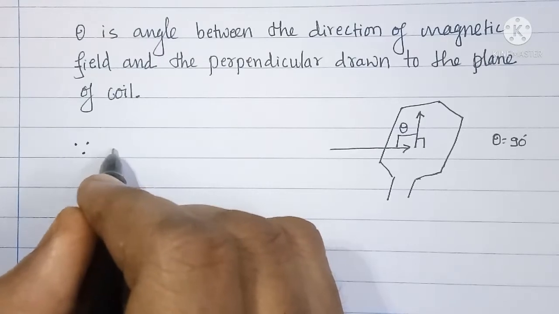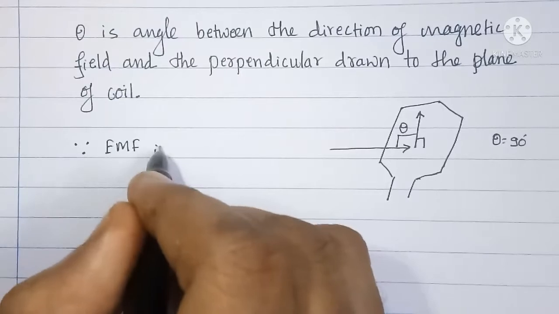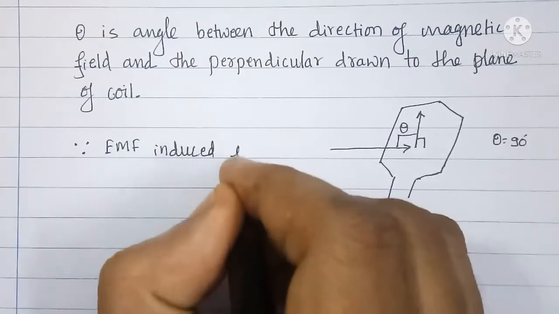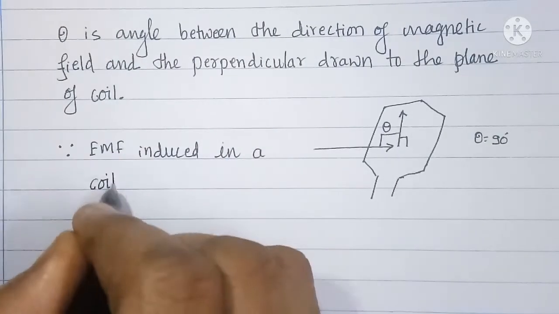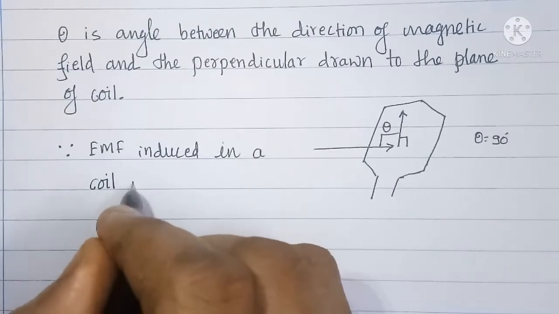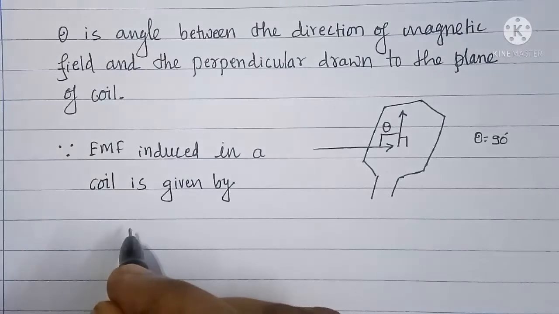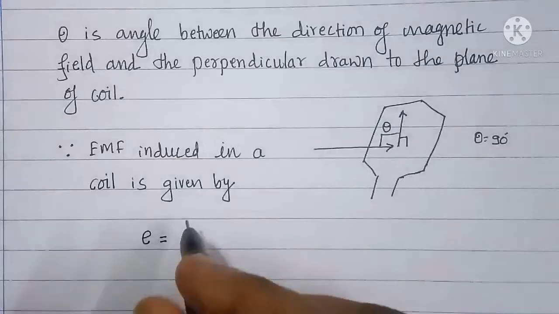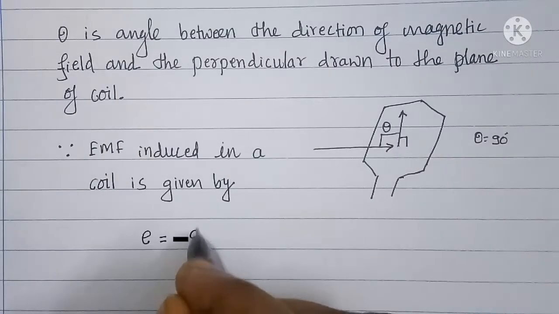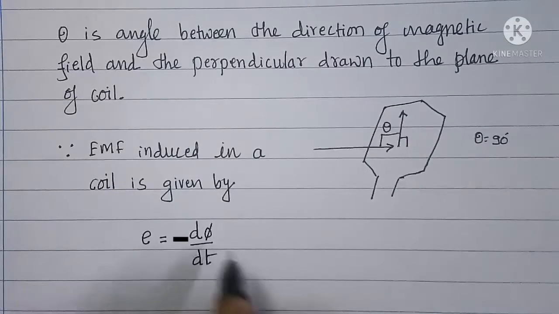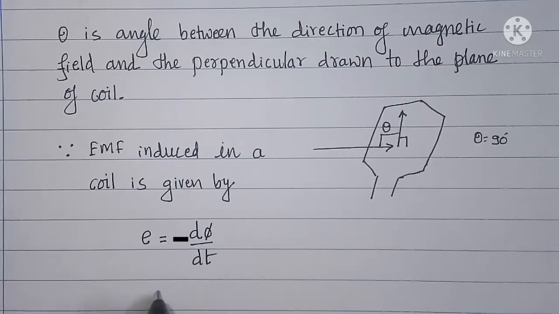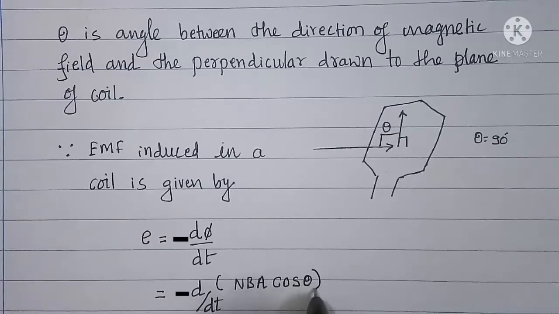Since EMF induced in a coil is given by E equal to minus d phi by dt, that is equal to minus d by dt of NBA into cos theta.